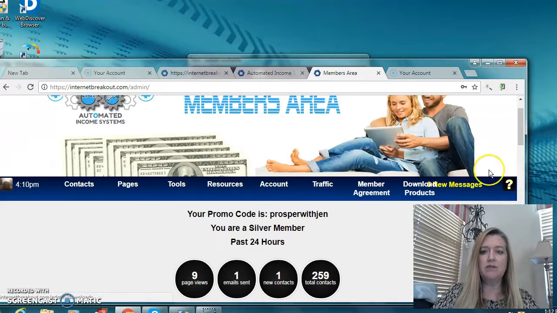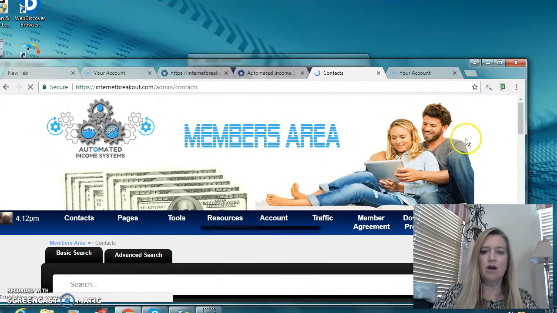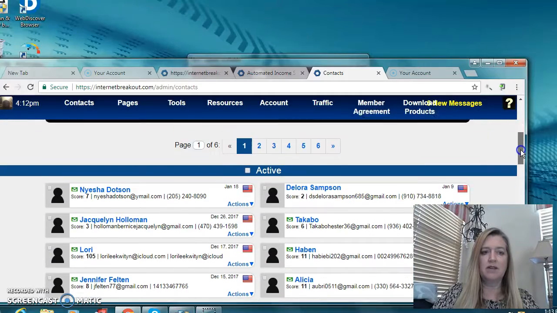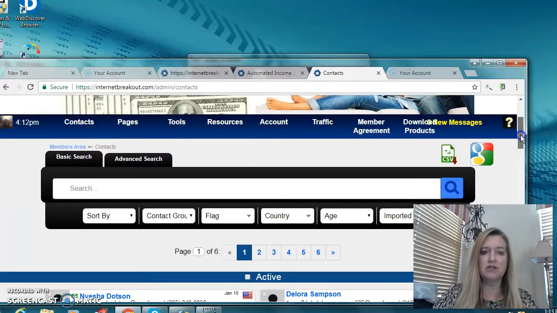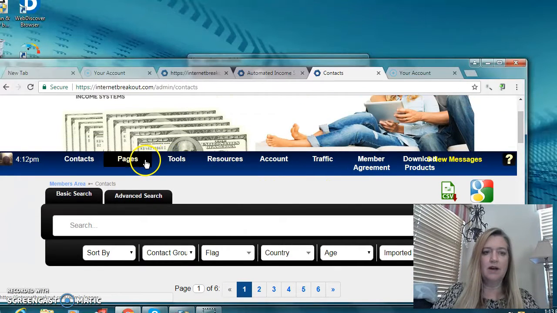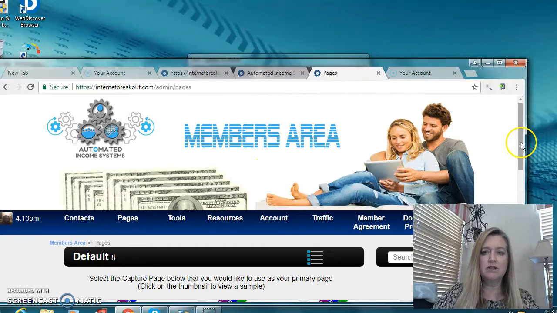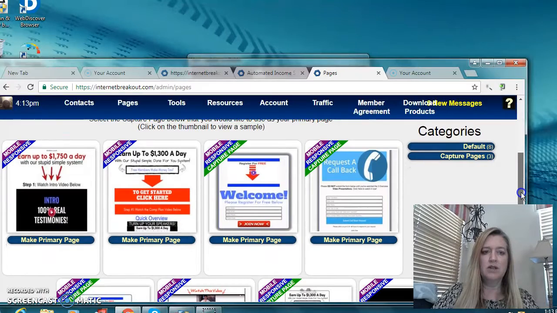So anyway, right here is my members area. This is where you can view your contacts. This is where all the contacts come in, and the system essentially notifies you. This right here is your pages. These are your capture pages that you can use.